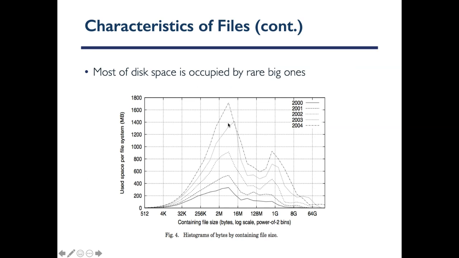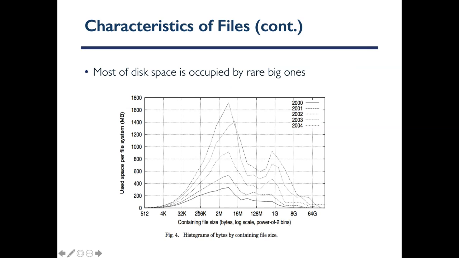The other observation that this paper provided was that most of the disk space is occupied by rare big files. So although we don't have many big files, one or two is enough to occupy most of our disk space.